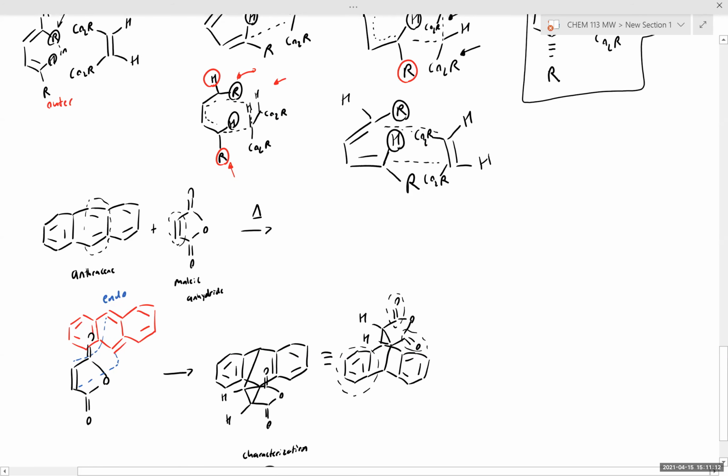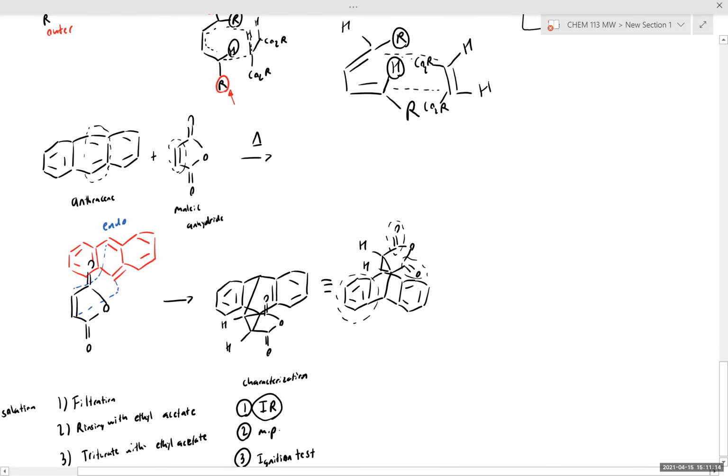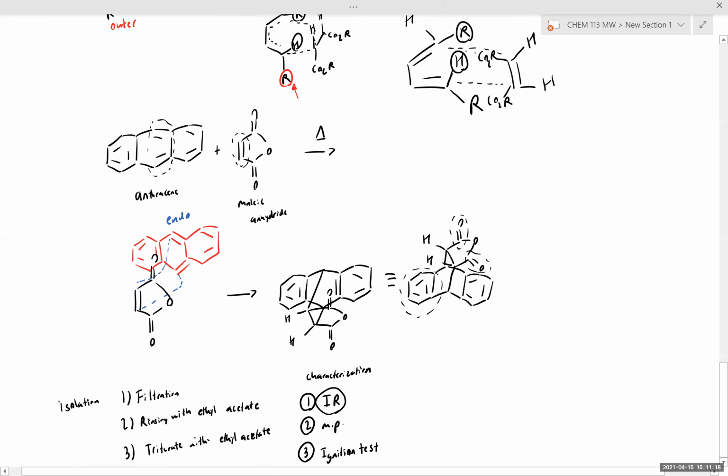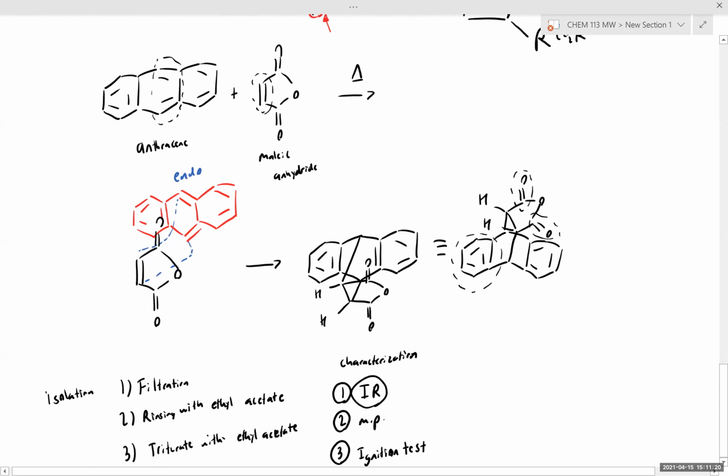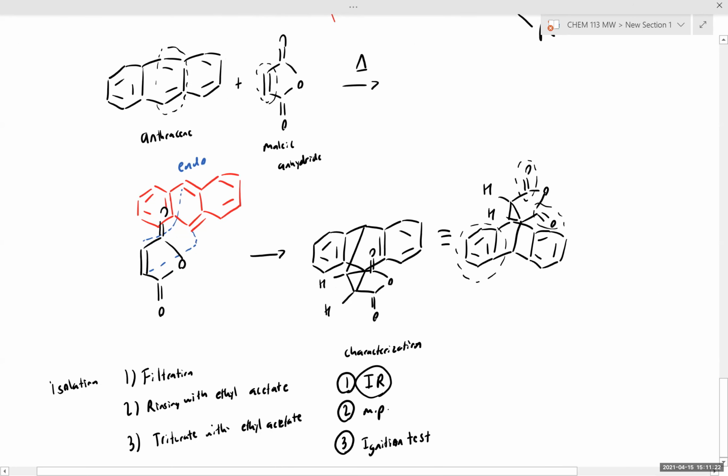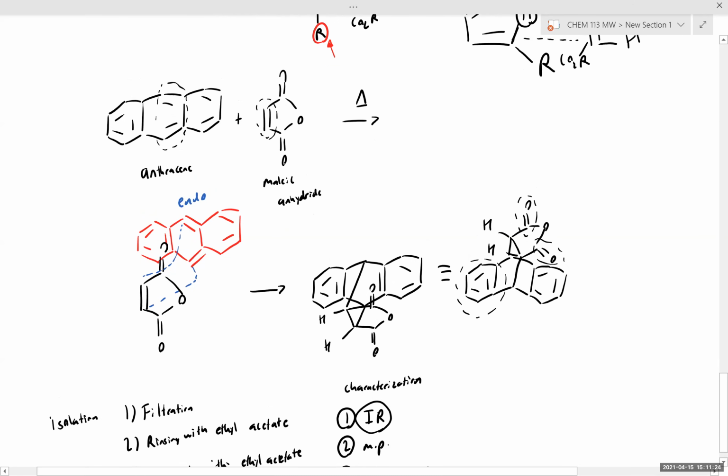Okay, so in the context of today's laboratory, we're looking at the Diels Alder reaction between anthracene and maleic anhydride. So the important thing to note for anthracene, our diene, consists of these middle alkenes.